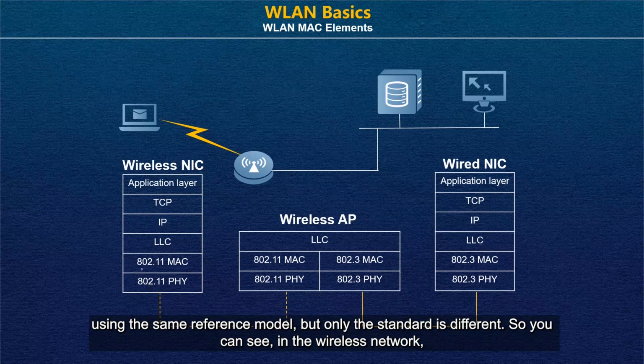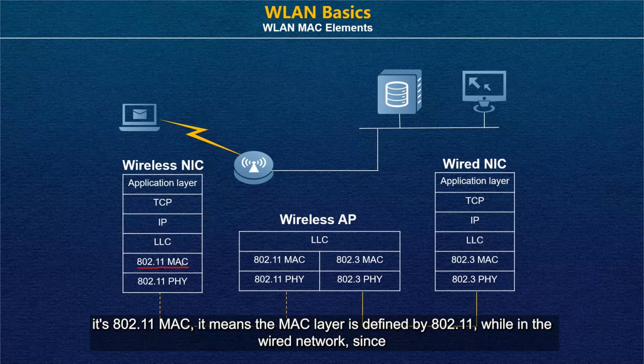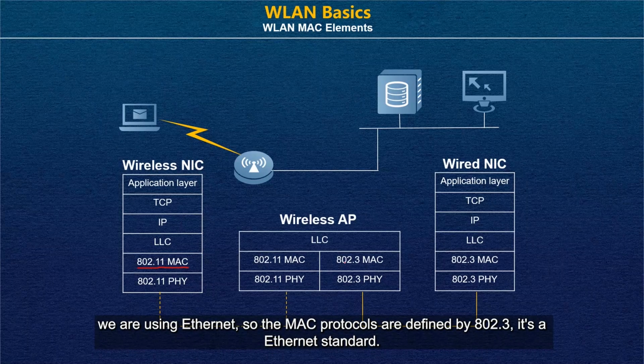So you can see in the wireless network, it's 802.11 MAC, which means the MAC layer is defined by 802.11, while in the wired network, since we are using Ethernet, the MAC protocols are defined by 802.3, it's the Ethernet standard.